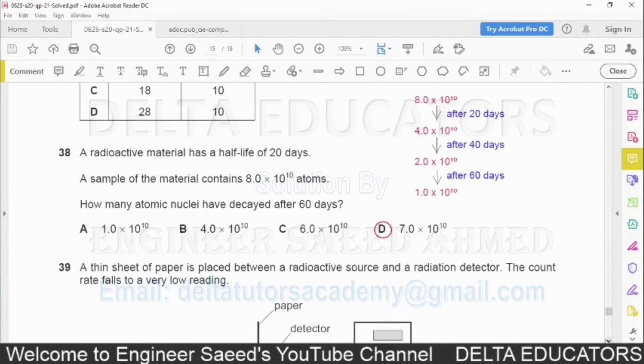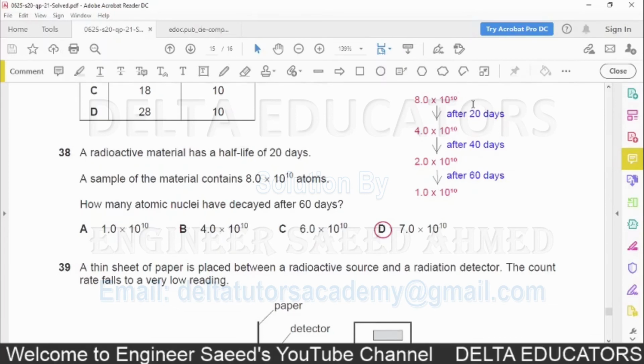Question number 38. A radioactive material has a half-life of 20 days. A sample of the material contains 8 × 10^10 atoms. How many atomic nuclei have decayed after 60 days? Half-life is given 20 days. It means after 20 days, it will become half of 8 × 10^10. So in the beginning, we have 8 × 10^10.